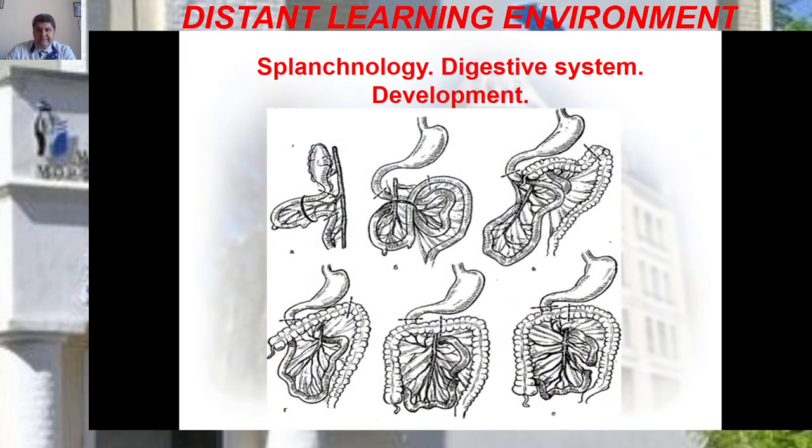You may see the parts of development of intestine. You may see this part is foregut, and you may see this part is midgut, and colon or large intestine is formed from hindgut.